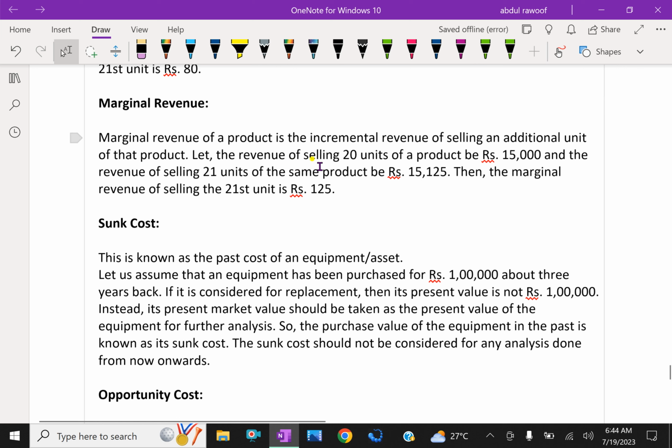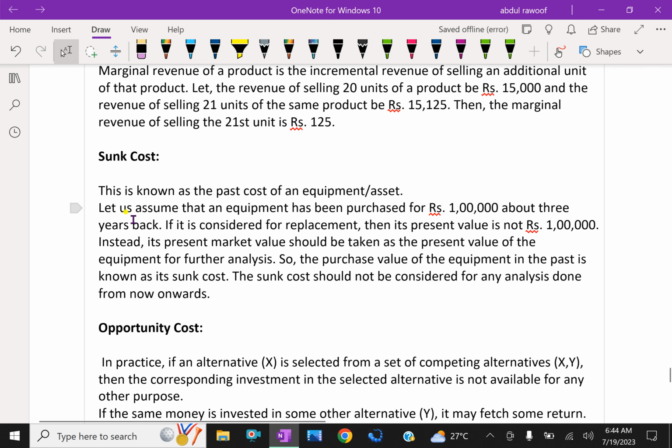Let the revenue of selling 20 units of the product be rupees 15,000 and the revenue of selling the 21st unit of the same product be 15,125, for example. Then the marginal revenue of selling the 21st unit is 125, that is 15,125 minus 15,000, rupees 125.